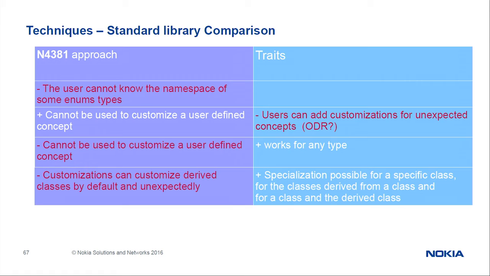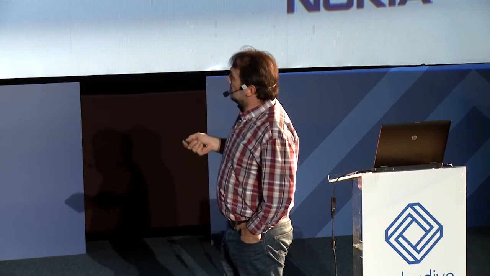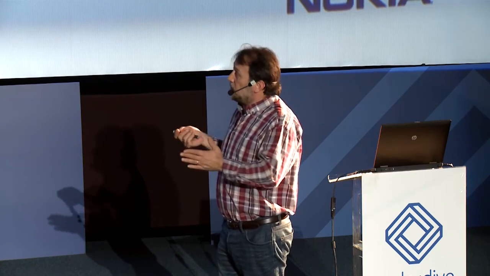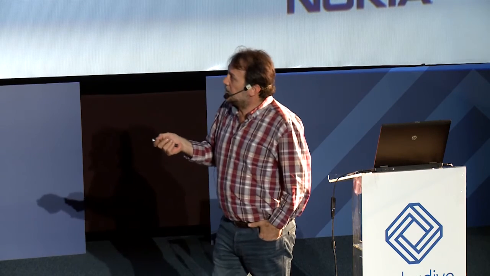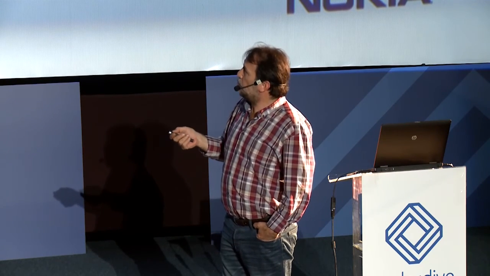Then I believe that forbidding, maybe in the standard, a specialization for concepts is maybe a good compromise. Then if we consider that we want the user to be able to do anything, then this approach has a negative point, and the threads work for all.